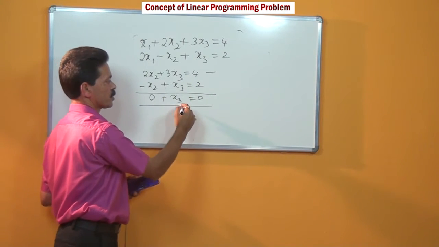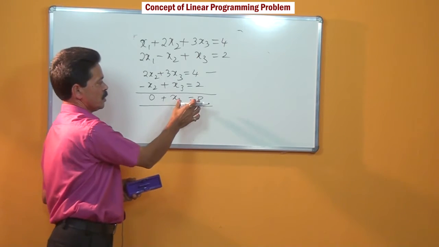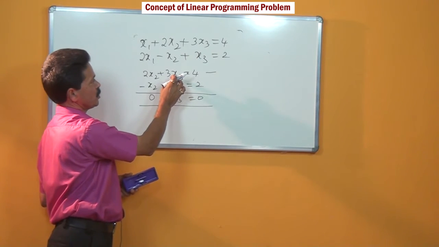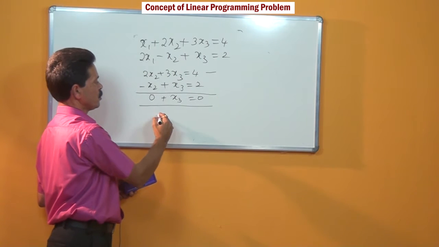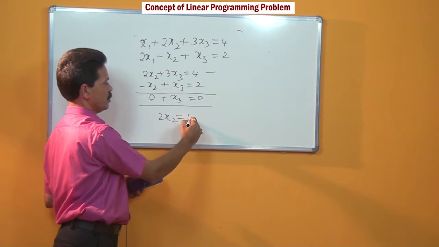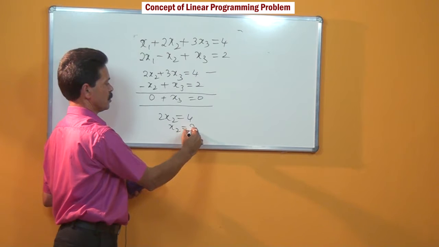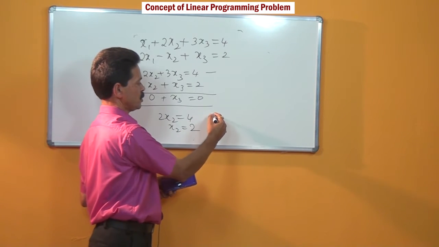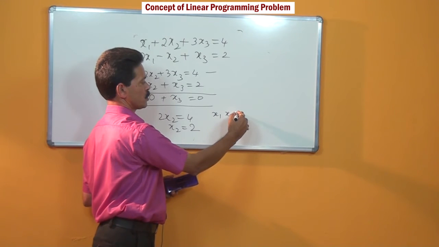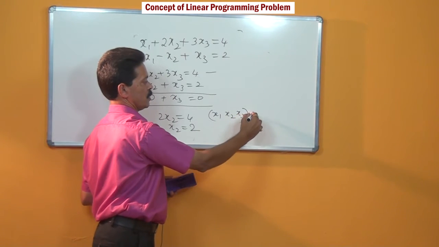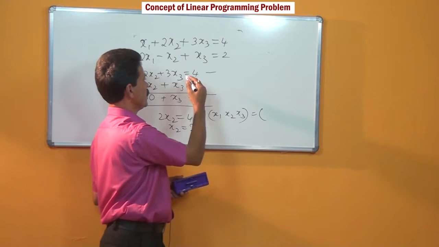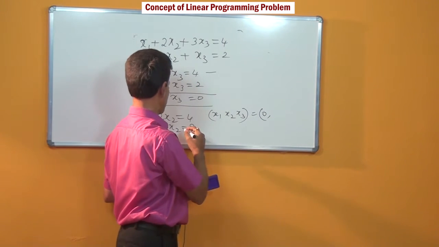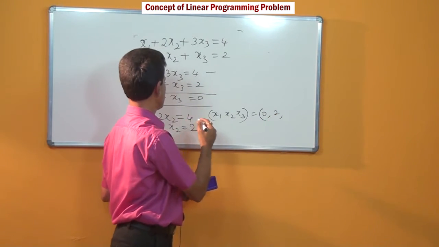So x3 equal to 0. If you substitute x3 equal to 0 here, then we get 2x2 equal to 4, x2 equal to 2. Therefore, one of the basic solutions is x1, x2, x3 equal to 0, 2, 0.